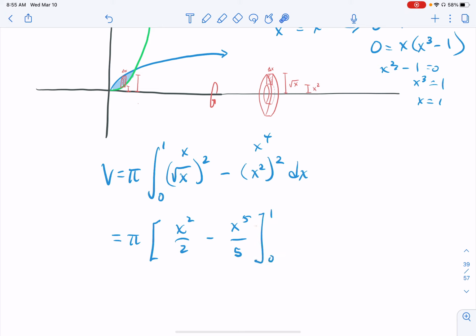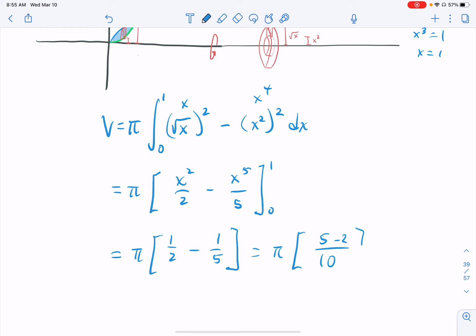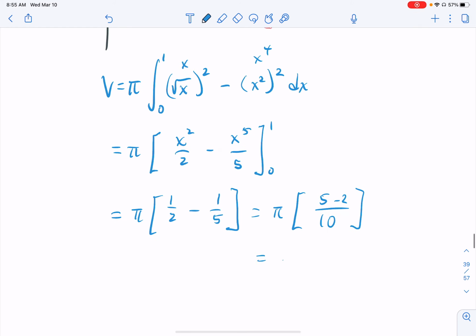Plug in your 1, pretend like you're plugging in the 0, and then I would get pi times 1/2 minus 1/5. The common denominator there is 10, so that'll be 5 minus 2 up there, which is 3 pi over 10 units cubed.